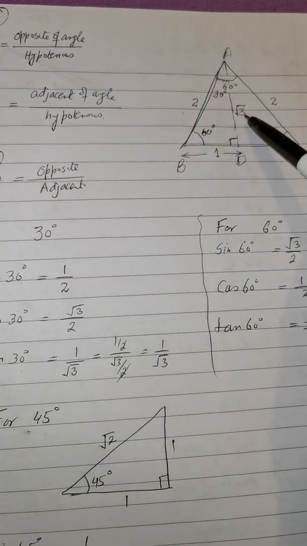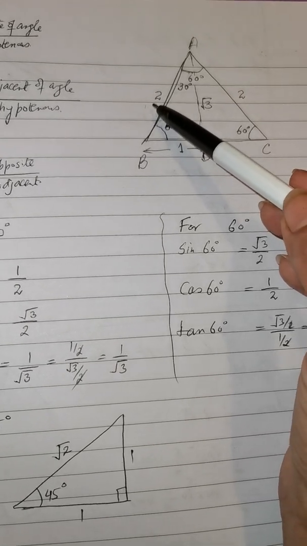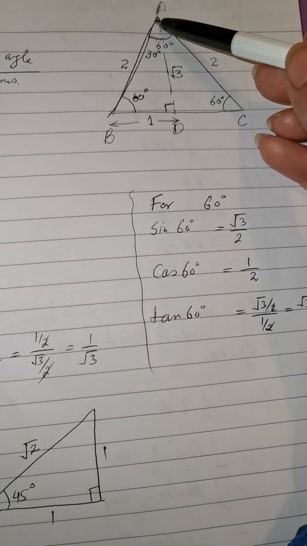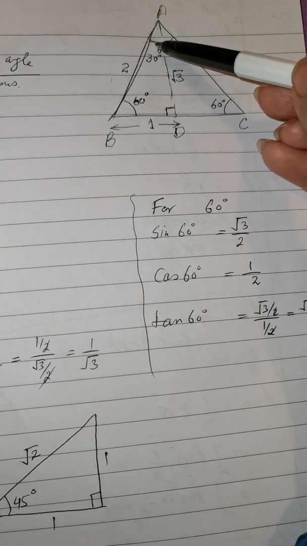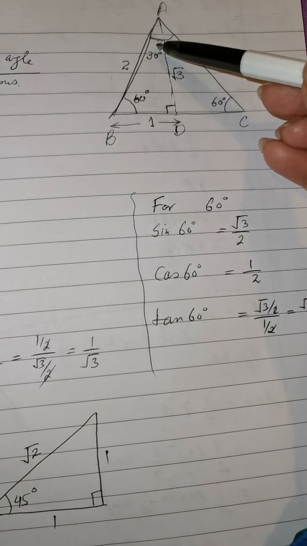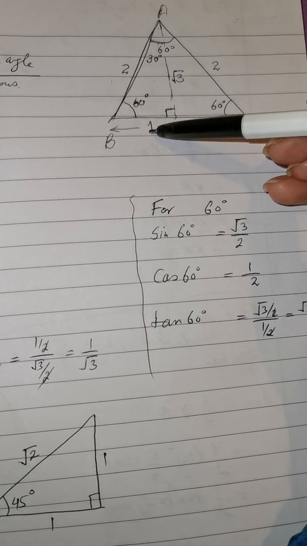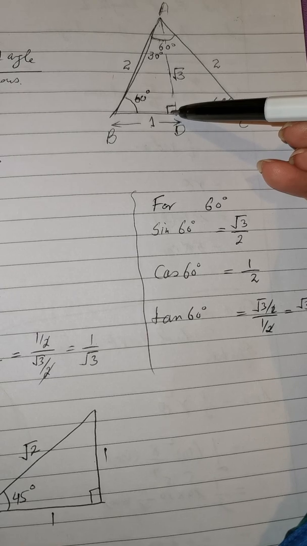So opposite over hypotenuse, root 3 over 2. But if I consider this angle theta, then what will be the procedure? For this angle theta, its opposite will be 1, right? Hypotenuse will be the same because the 90 degree angle is here.